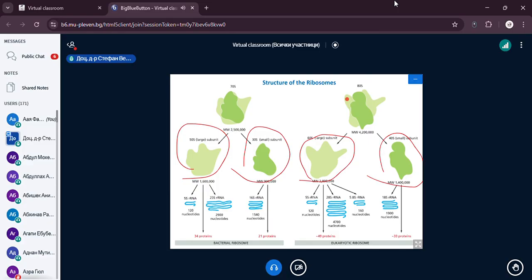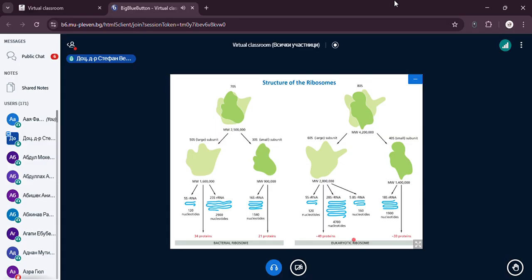When the translation ends, immediately the two subunits separate from each other and ribosomes are not existing. If we see ribosomes, they are only present during the process of translation of proteins.